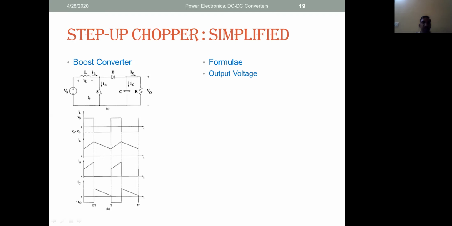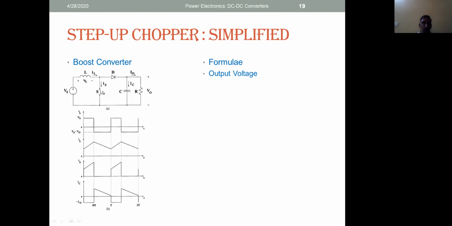The switch current naturally rises up to the point the switch is on, whereas for the capacitor current, as the switch is closed, the maximum current will flow through this circuit, and so the current is minus I0 in this circuit because it is getting discharged.